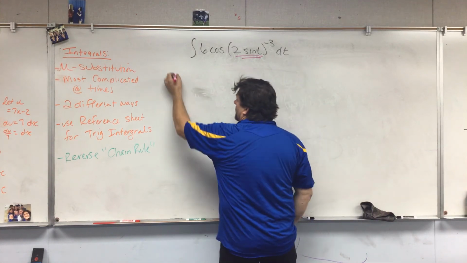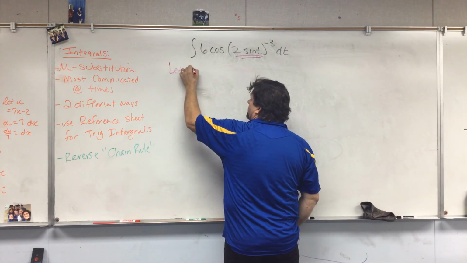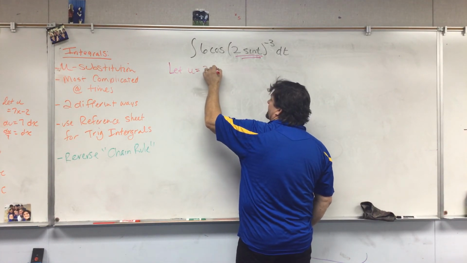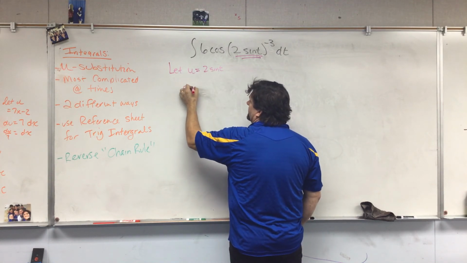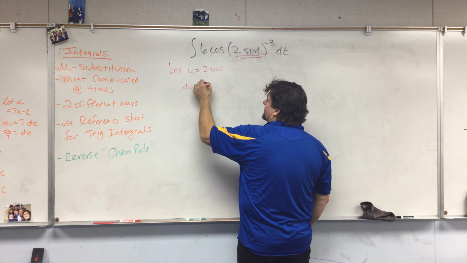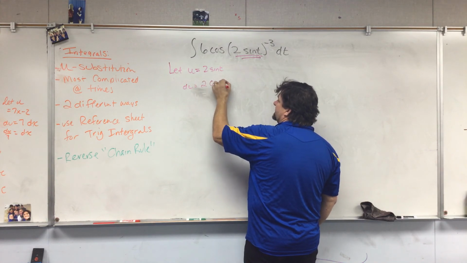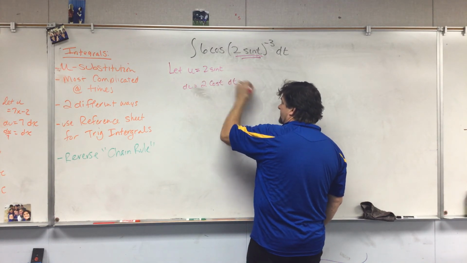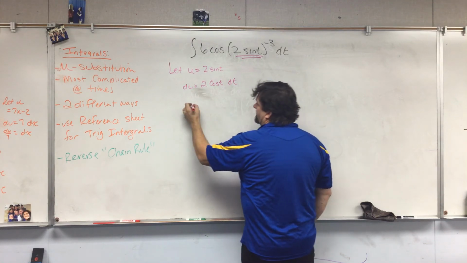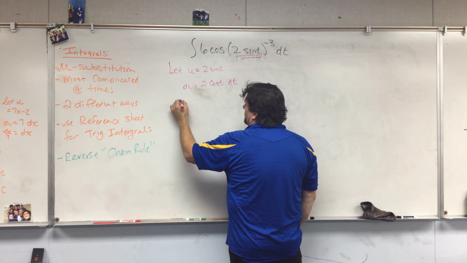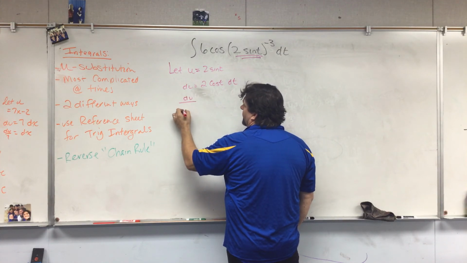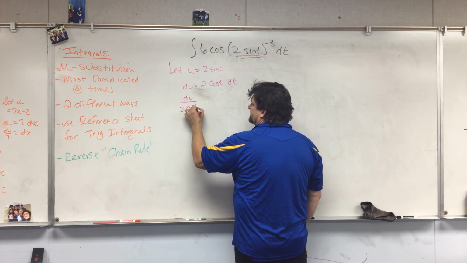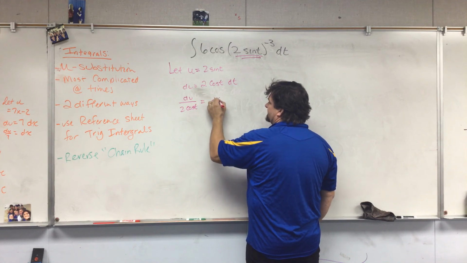So again, we're going to let u equal 2 sine of t. Therefore, du is equal to 2 cosine t dt. That means du over 2 cosine of t equals dt.